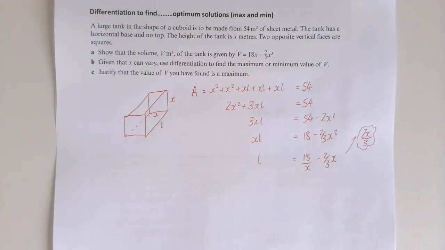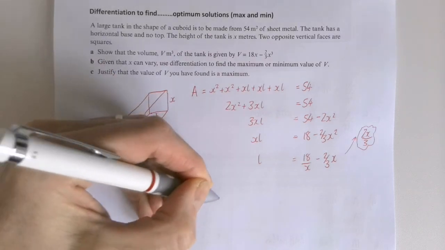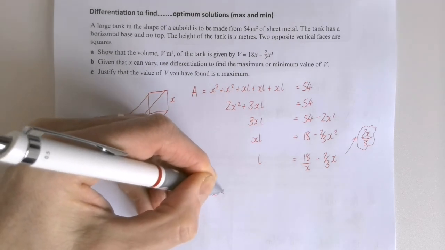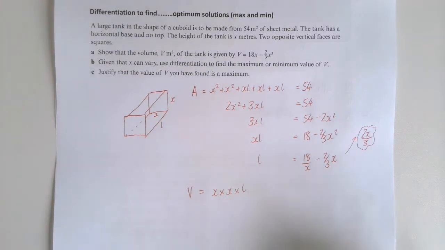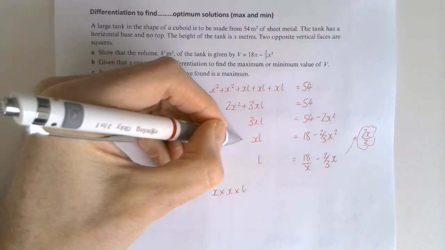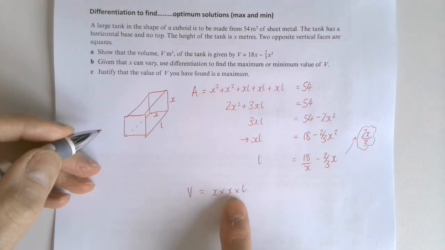Okay, so the volume of this box is the 3 dimensions multiplied together, x times x times L. Now you might say, well, hang on, you're patronising us here. We know that's x squared L, but forgive me, can you see why I left it at that point? Because all I want to do to work out the volume is take xL and multiply it by x.